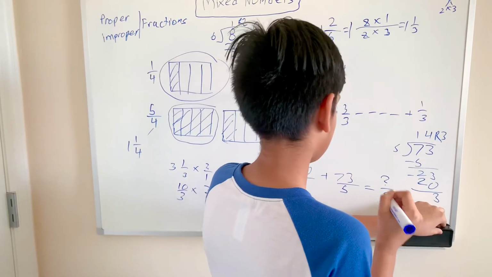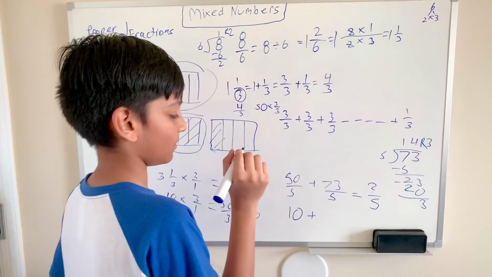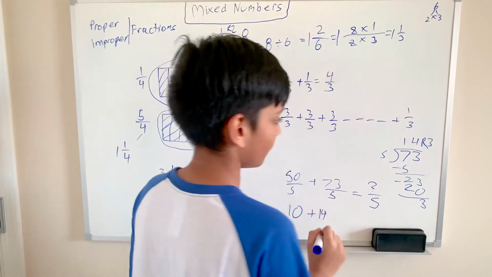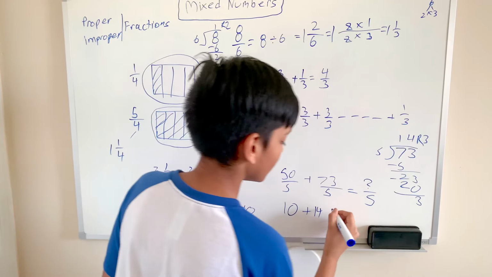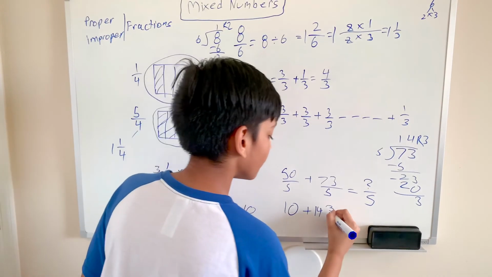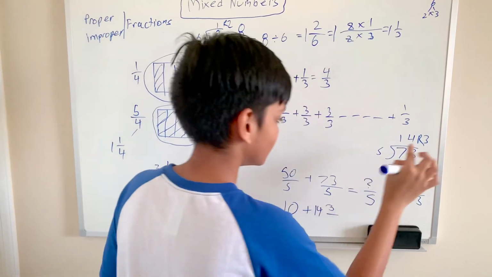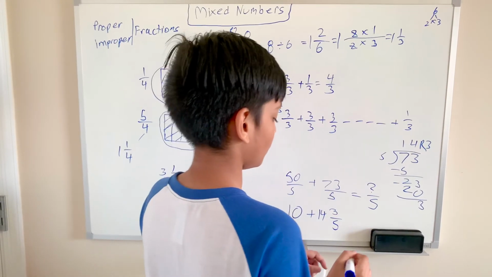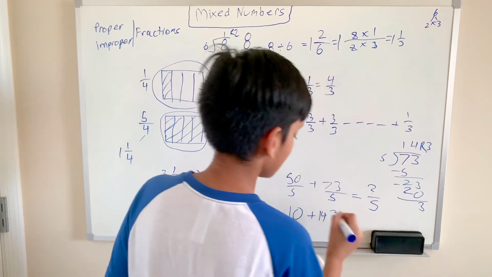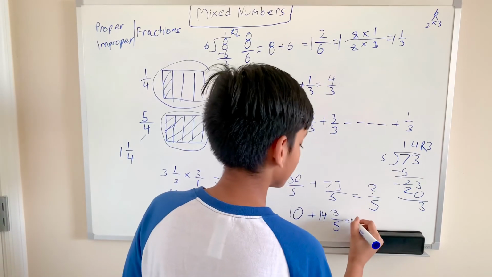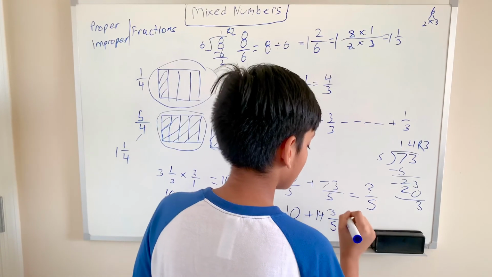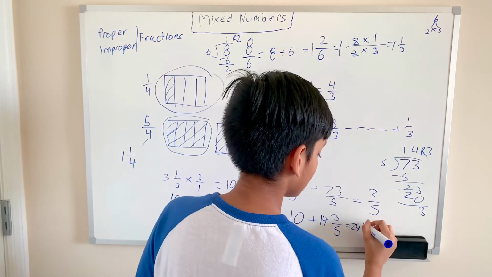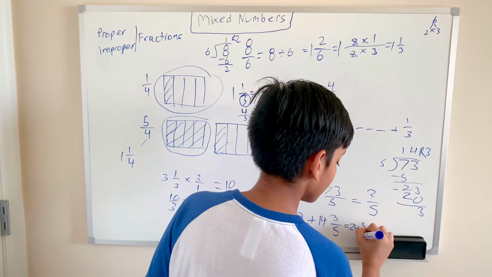That's what this 73 over 5 will become. 14 is our whole number, 3 will be our numerator, and 5 will be our denominator, and then we will add those up. 10 plus 14 equals 24, and then we put the fraction in there, 3 over 5.